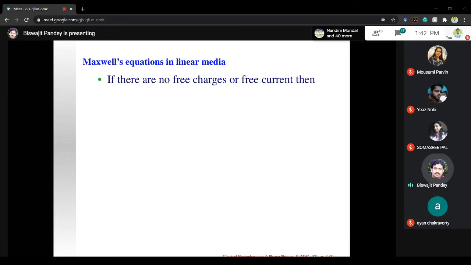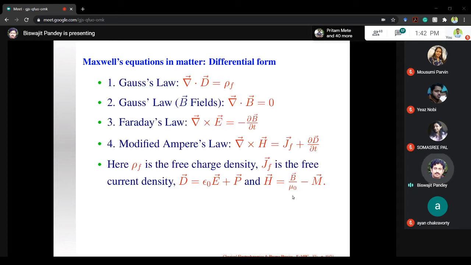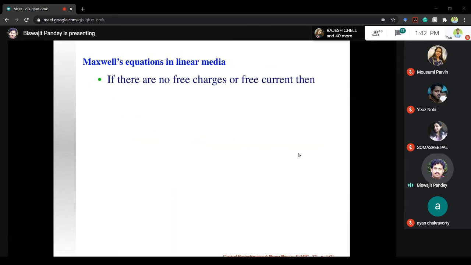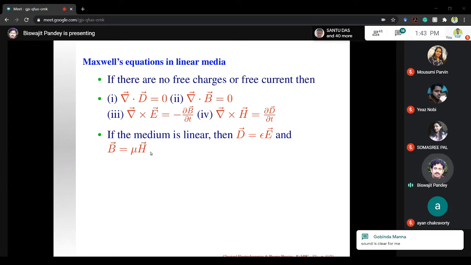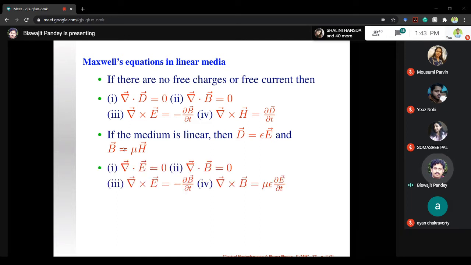And then if we assume that there are no free charges or free current in the medium, then since there is no free charge density and no free current, rho will be 0 and J will be 0, so simply put 0 there. And then if we assume that the medium is linear, that means D and E can be connected in this fashion, and B and H can be written in this fashion, then you can simplify the equations further and write D in terms of E and B in terms of H. These two equations remain the same.